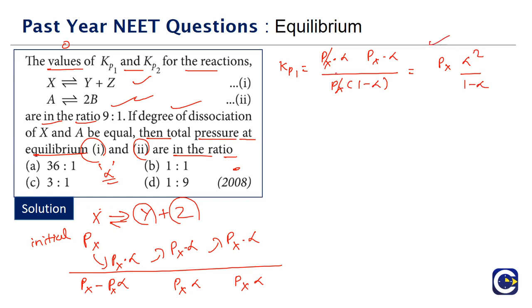But here we are not interested in knowing the original pressure of X. We are trying to understand the relation in terms of the total pressures at equilibrium. For every gas phase at equilibrium, we can relate the original pressure of the reactant to the equilibrium pressure, that is the total pressure.